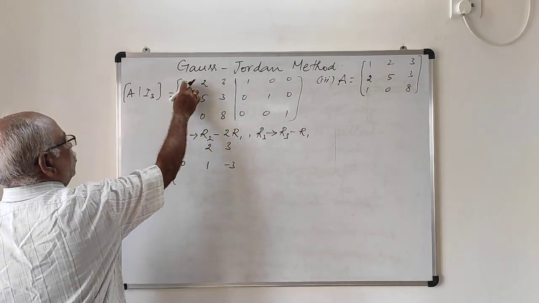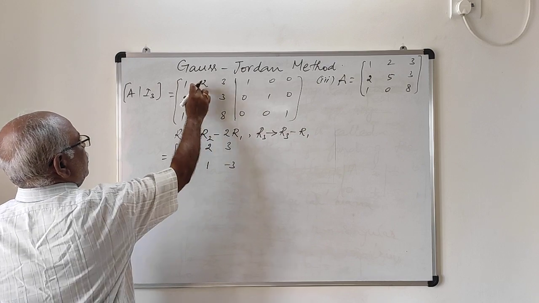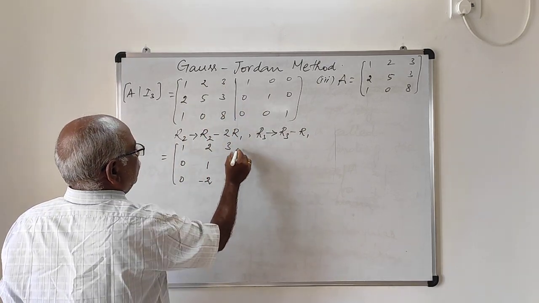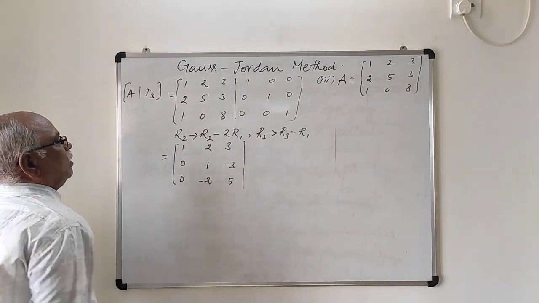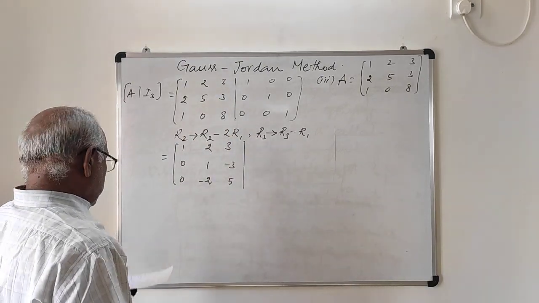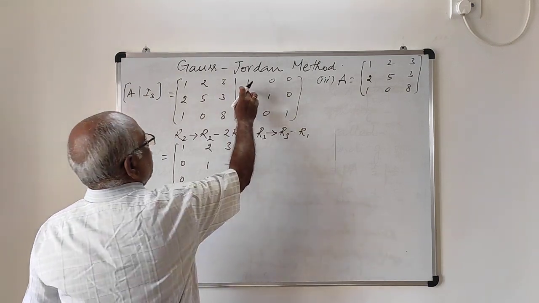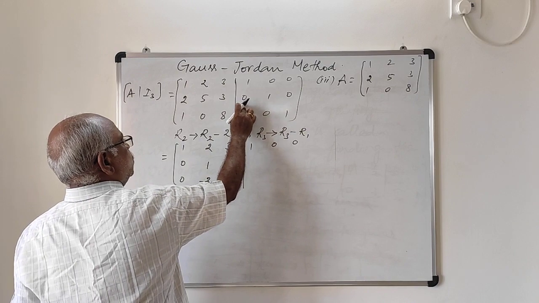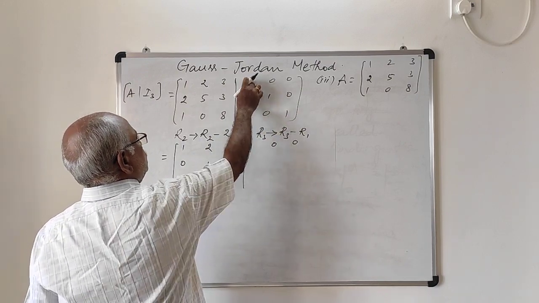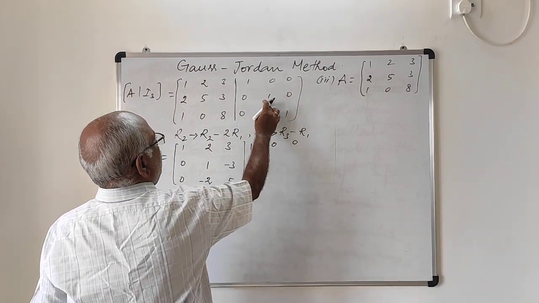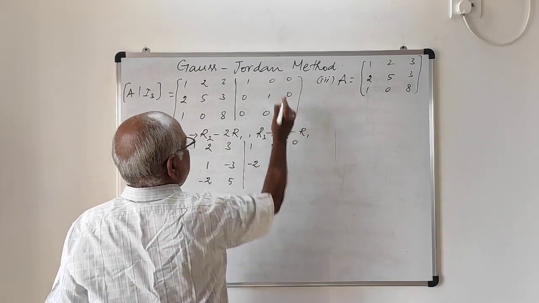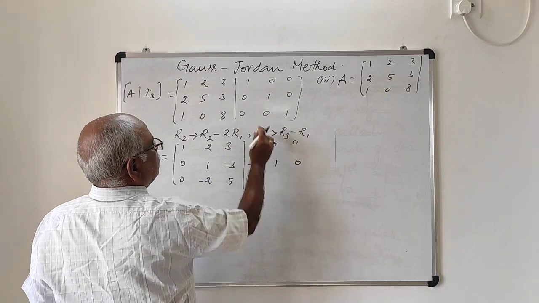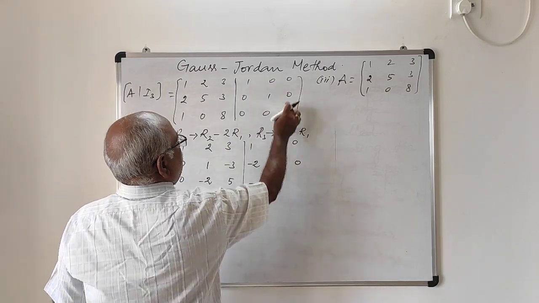Similarly, R3 minus R1: 1 minus 1, 0. 0 minus 2, minus 2. 8 minus 3, 5. Similarly, the first row 1 0 0 as it is. R2 minus 2 times R1: 0 minus 2, minus 2; 1 minus 0, 1; 0 minus 0, 0. R3 minus R1: 0 minus 1, minus 1; 0 minus 0, 0; 1 minus 0, 1.